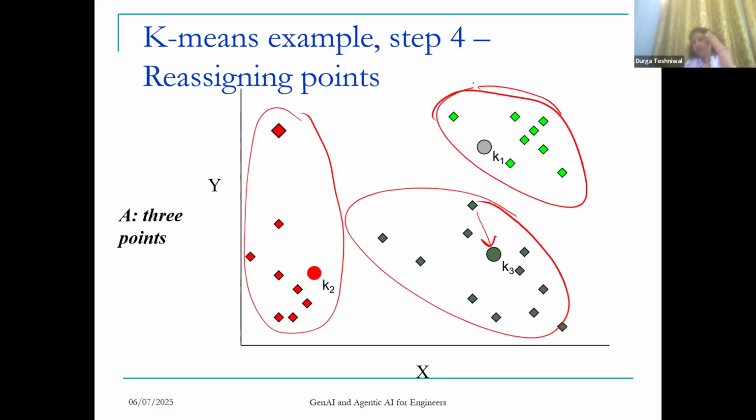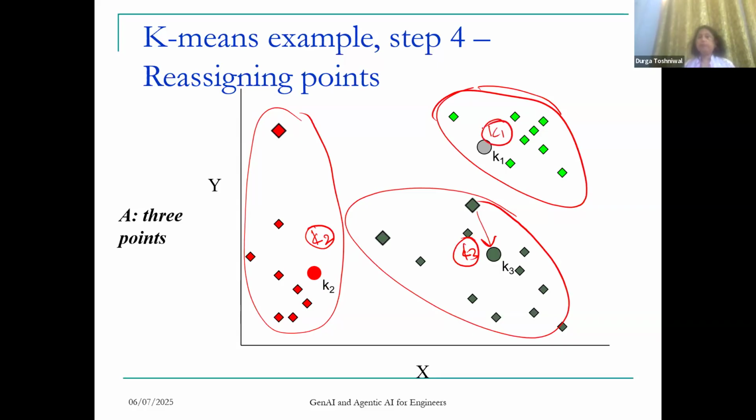Okay. So like that. Now again, since the points have been reassigned, we'll once again find the new means and see if the new means are different from the older ones. And then again, it can happen that this K2, after reassigning of these points, can move somewhere. Maybe the new K2 may be here, maybe the new K3 may be somewhere here, and maybe the new K1 may be somewhere here.